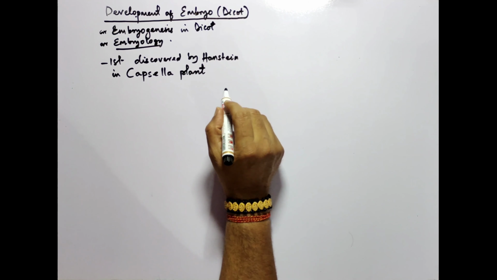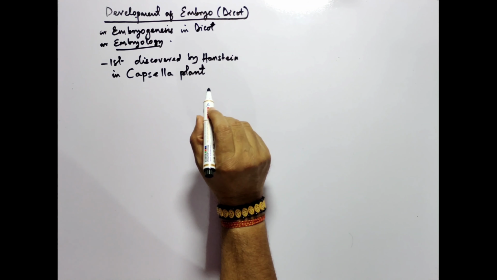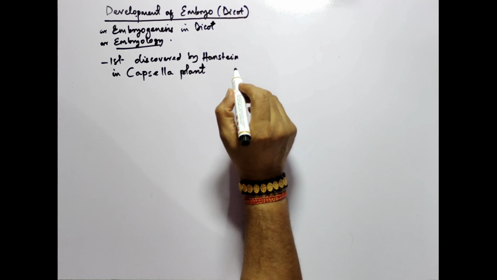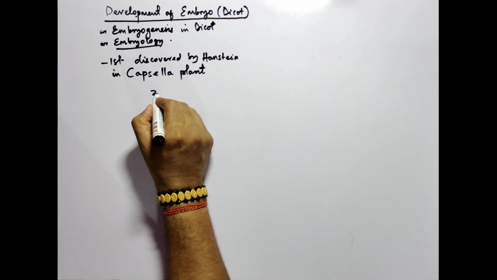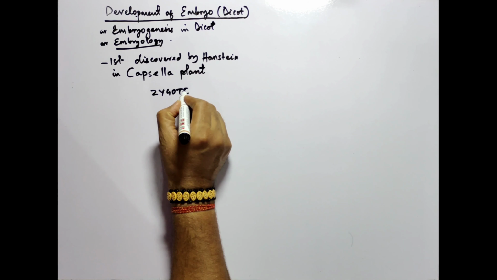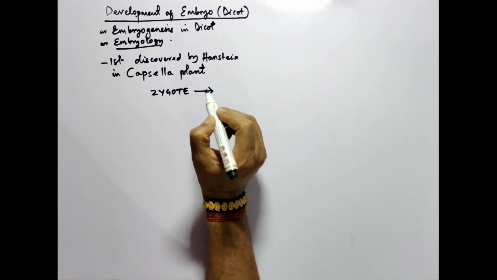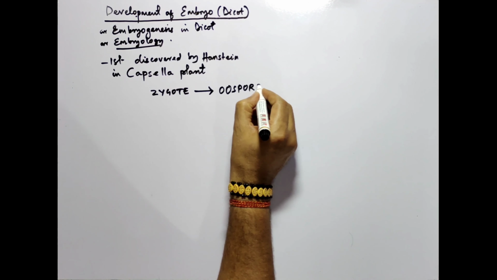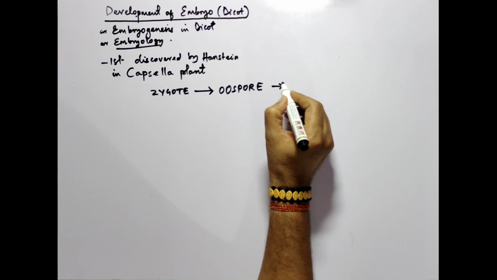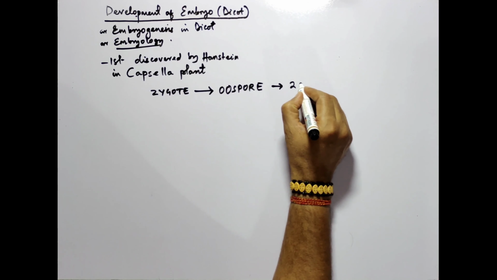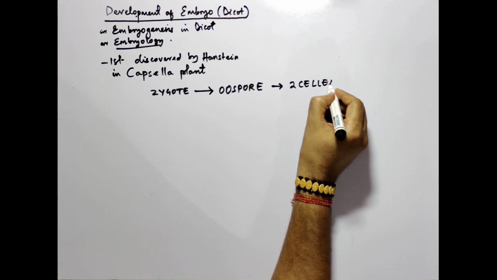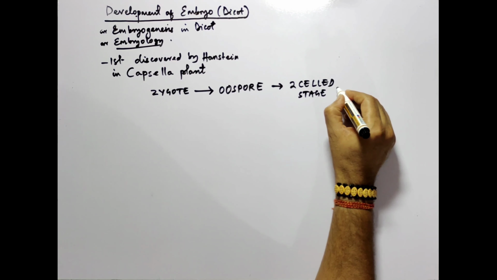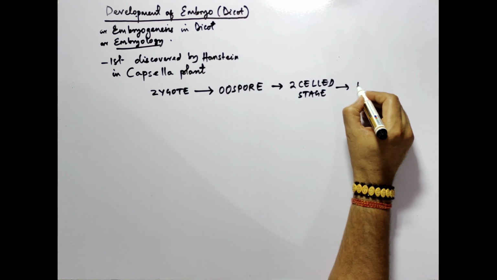First of all we have to discuss what are the steps, and then finally we will discuss in detail in diagrams. First, that is zygote, then the next stage is oospore, next the division is there, that is called two-celled stage. Then the next step is T-shaped embryo.